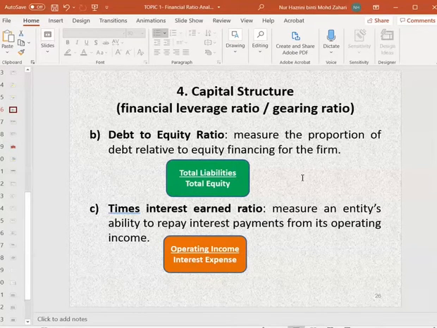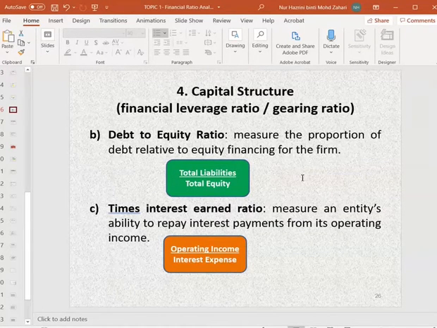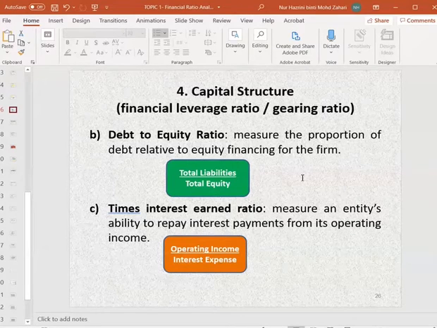If you finance using more debt, it is high risk because debt comes with interest and a fixed obligation to pay back the principal amount. Fixed obligation means you cannot avoid it.